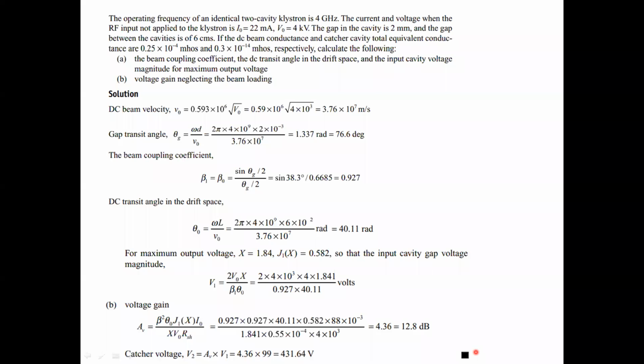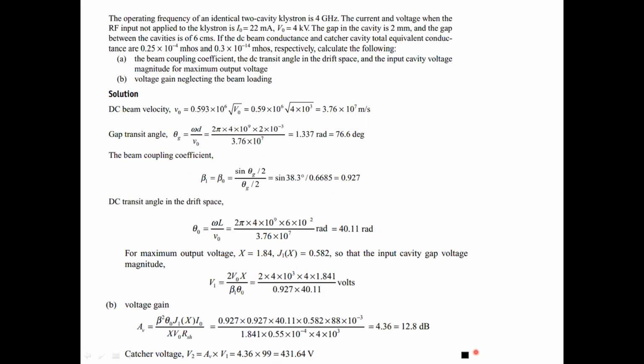Transit angle 40. J1 of x 0.582. I naught 20. They mentioned here 88 millivolt. So with all required data substituted, we are able to calculate 12 dB.